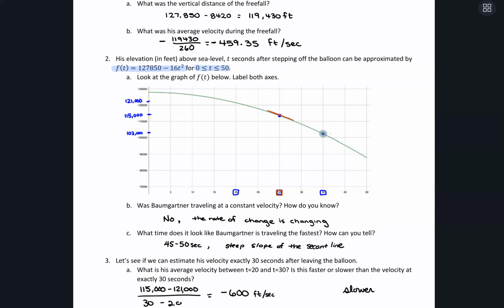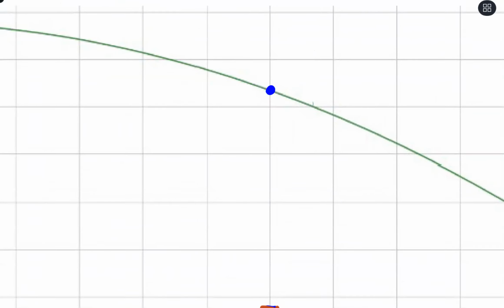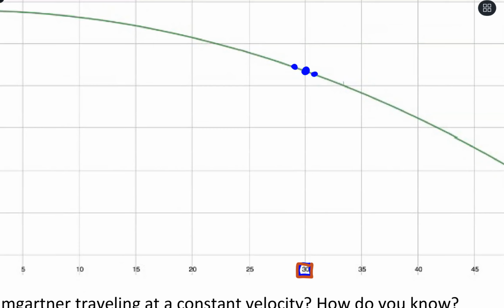So I'm going to do the same idea, but now I'm going to squeeze in closer, just 1 second around 30. I'm going to get rid of that there. So let's say we're looking at here and here. Now still, when I'm going to the left of the point, it's going to be slower, and when I go to the right of the point, it's going to be faster than that tangent line.